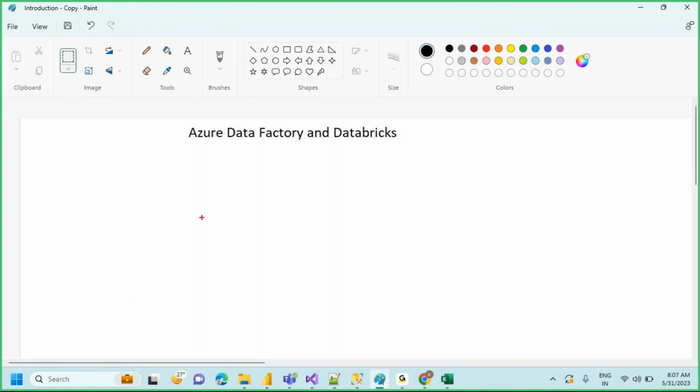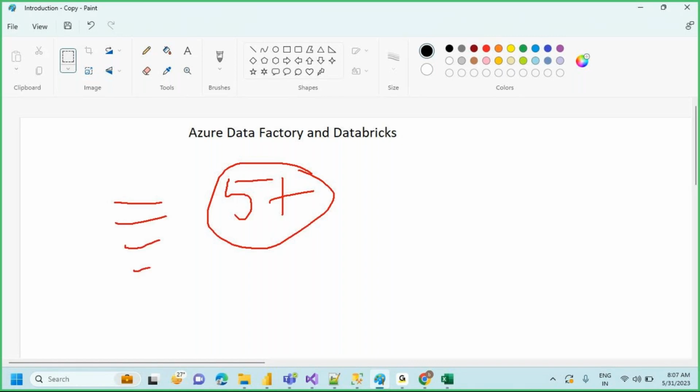Okay, I'll take you through that. Once that is completed, we can show a minimum of 5+ years. Prior experience you can carry as it is, and for the last 5 years you can showcase Azure Data Factory as a data engineer.